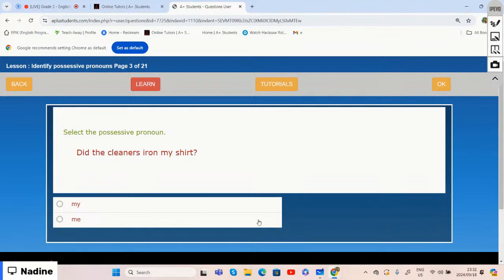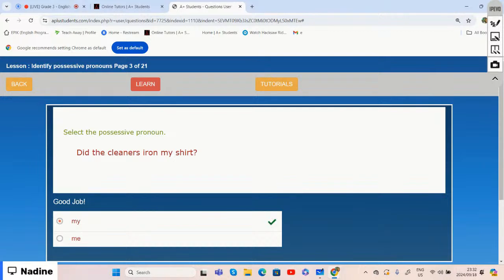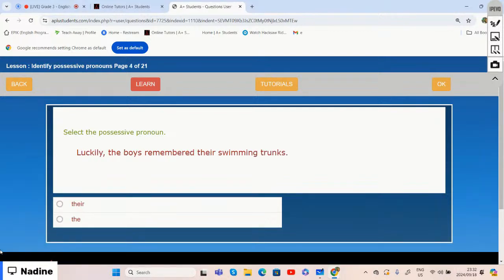All right, so we can say, did the cleaners iron my, not me, my shirts? It says, luckily the boys remembered their swimming trunks. What is the possessive pronoun over there?